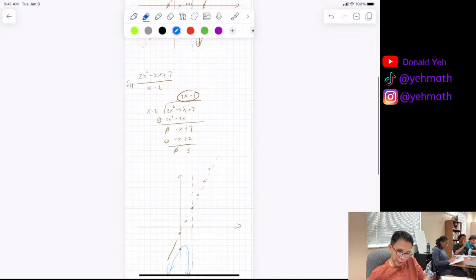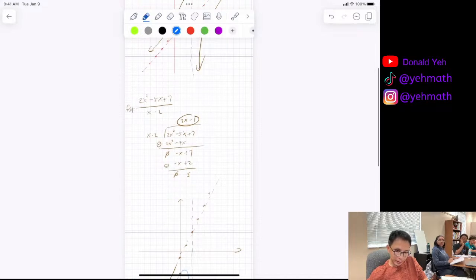Now, if you are not sure the graph is over there, you can plug in something greater than 2, like 2.1, and then see if that's positive. More likely it's positive, even though this is kind of harder to plug in. So 2 times 2.1 squared minus 5 times 2.1 plus 7.